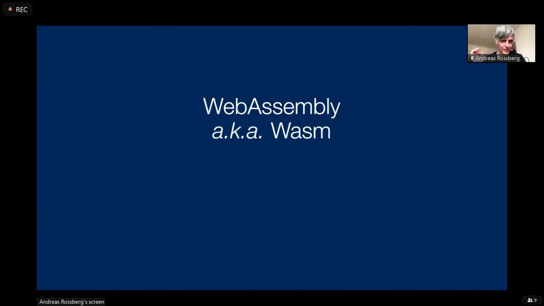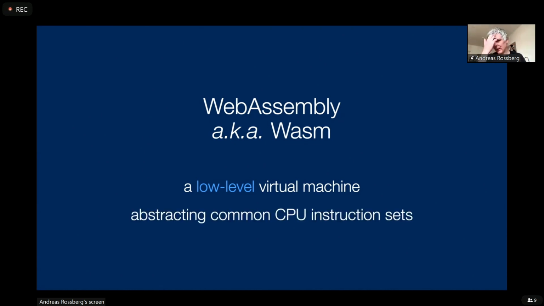So WebAssembly, also known as WASM, in a nutshell, is a low-level virtual machine. Virtual machine in the sense that the Java virtual machine is a virtual machine, so more like a language runtime, not a process virtual machine. And it's low level, which is what distinguishes it from other virtual machines in that space, in the sense that it's really a thin abstraction, or tries to be a thin abstraction, over actual CPU instruction sets.